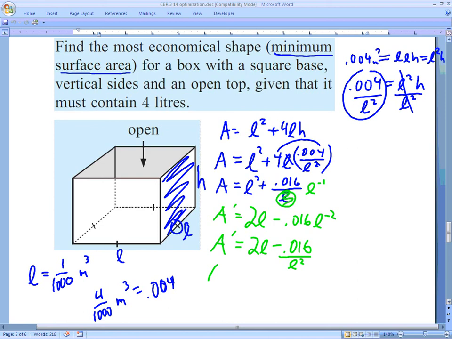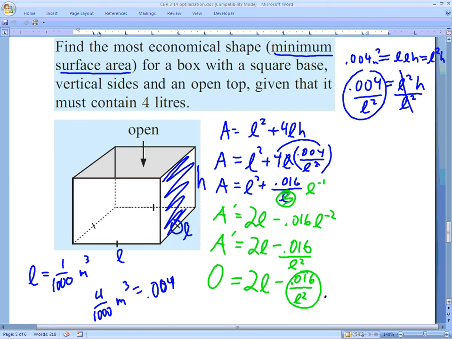We want to set that equal to 0. So now we have 2L equals 0.016 all over L squared, and we would like to solve this. Well, obviously, I can't make this part actually equal to 0, because if I divided by 0, it would be undefined.